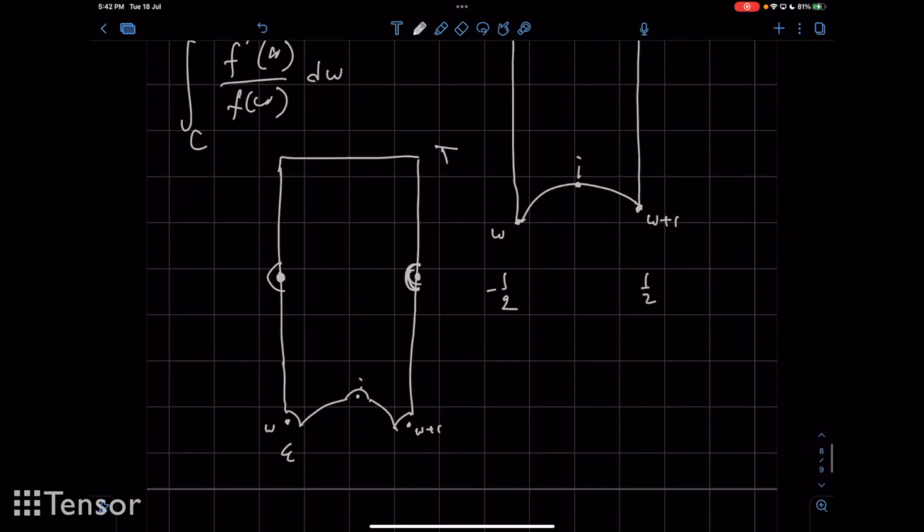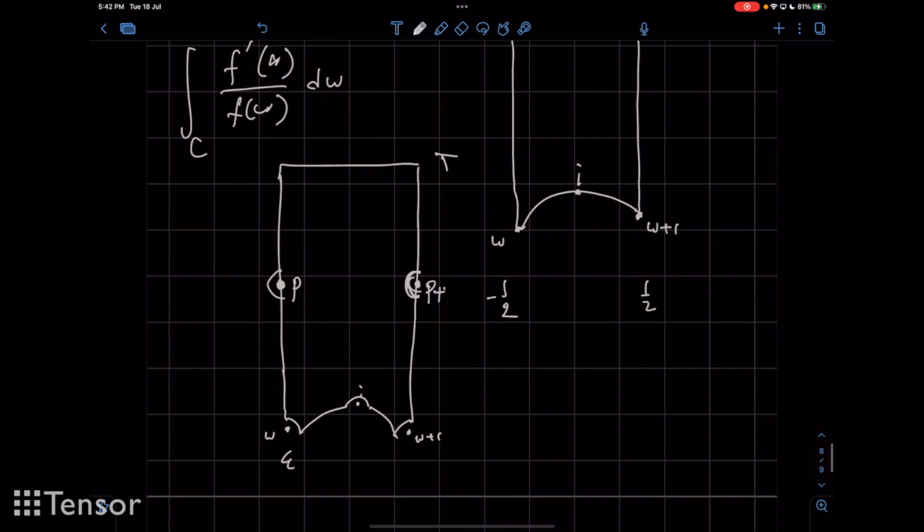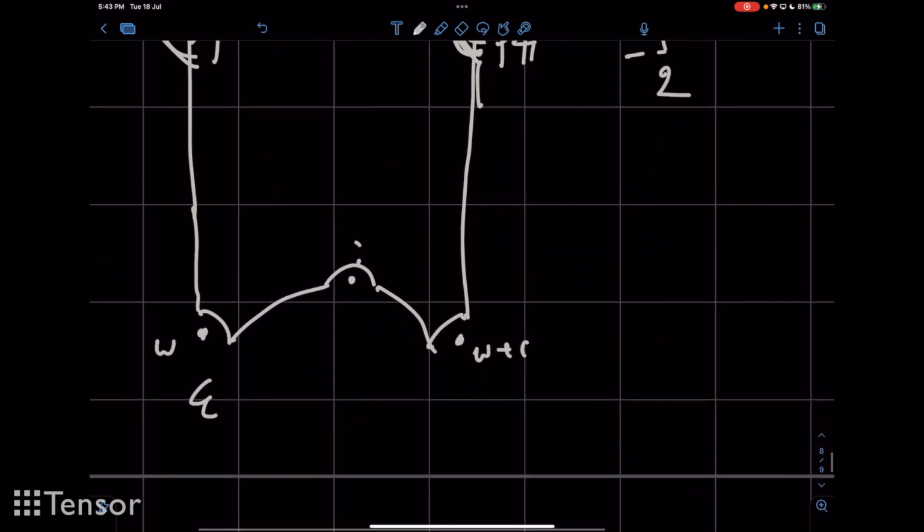Let's say this point is p, and this is p plus 1. Our function is weakly modular, so it has period 1. If p is a zero, so is p plus 1. So we are taking exactly one of them: we are taking p and ignoring p plus 1. Okay, so this is done. But what if we have a zero here?